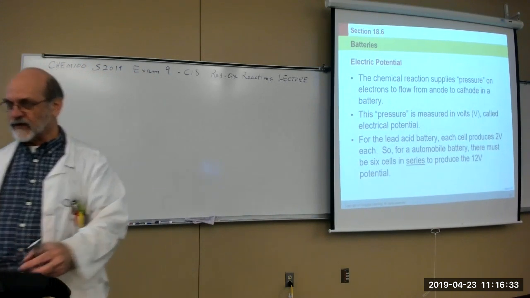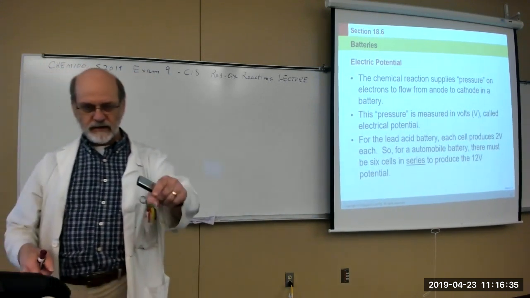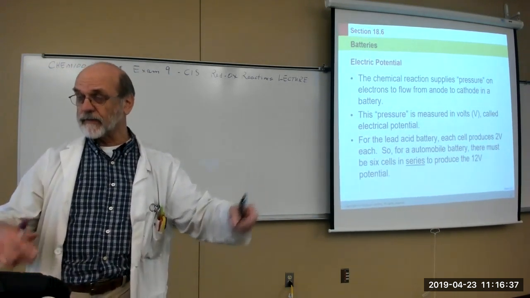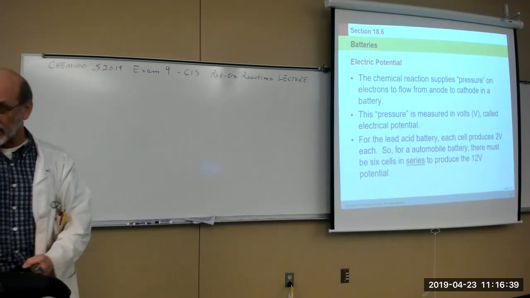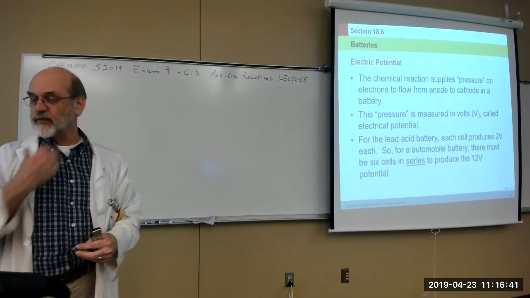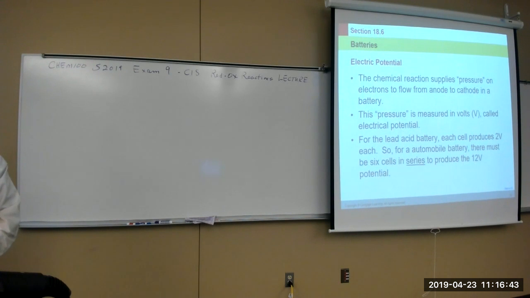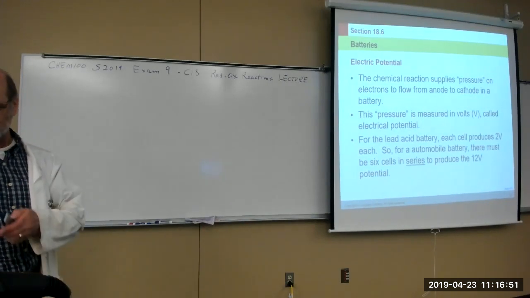But if you put them in series, like positive, negative, positive, negative, all the way down, you add up the voltage of each of the batteries. Say if you put 4 12-volt batteries in series, you get 48 volts total. Yeah. So there's a bigger push if you put them in series. Yeah.